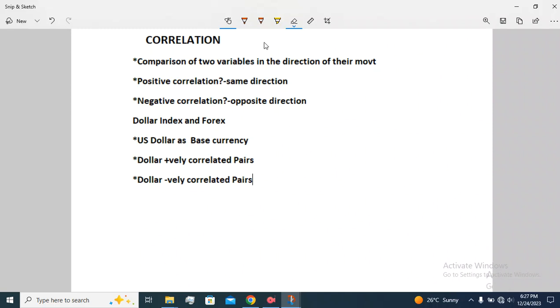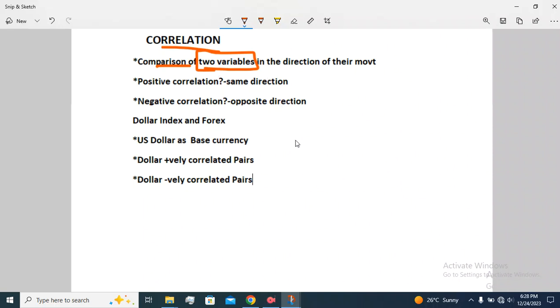Correlation, as I understand it, is a comparison of two variables in the direction of their movement. Two variables. In trading, we are comparing two tradable assets.